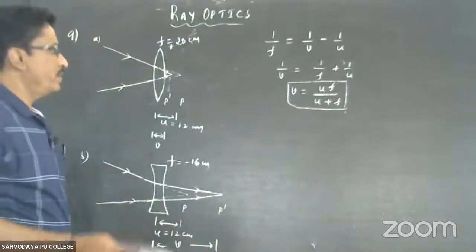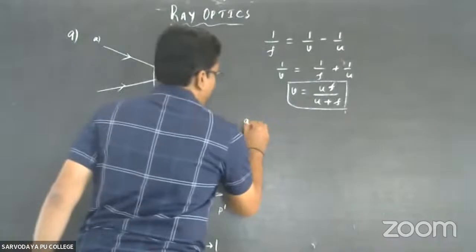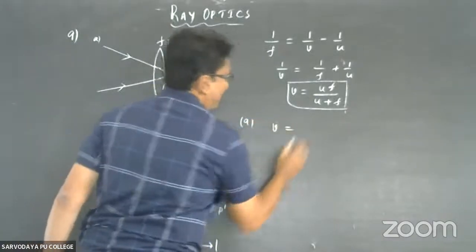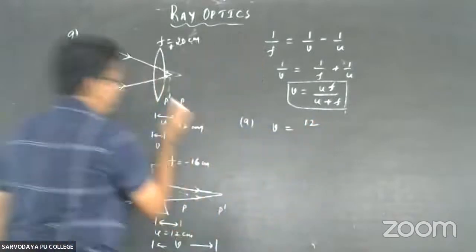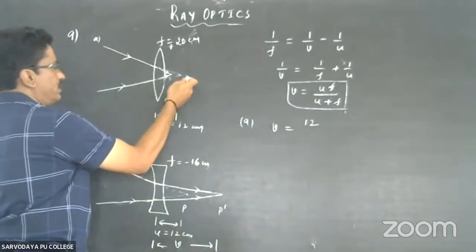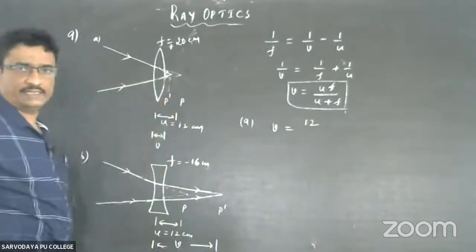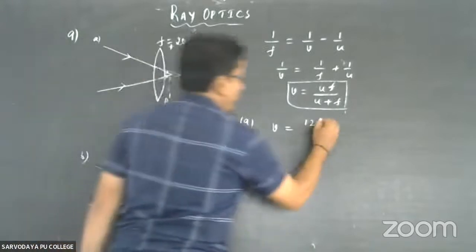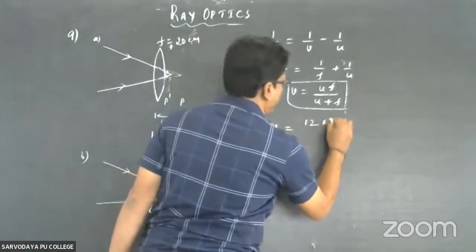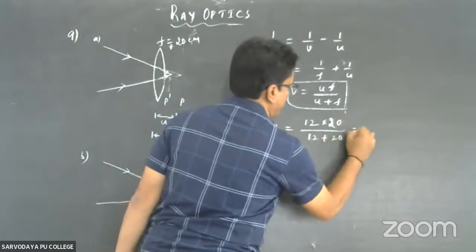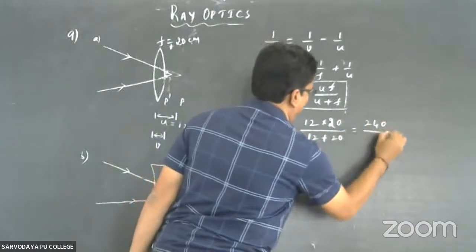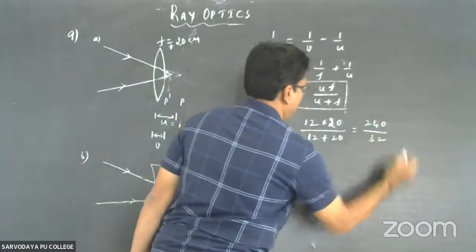Now in the first case, u is 12, and the distance is in the direction of the incident light itself. Therefore, v equals 12 into f, which is 20, divided by 12 plus 20. Therefore, it is 240 by 32.